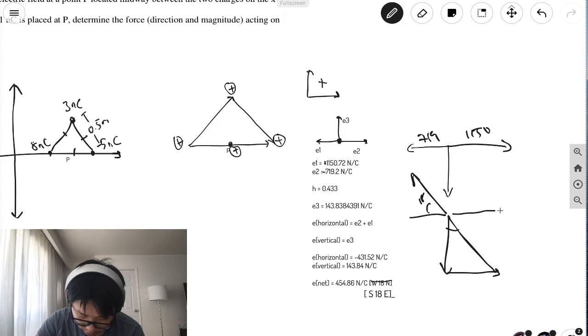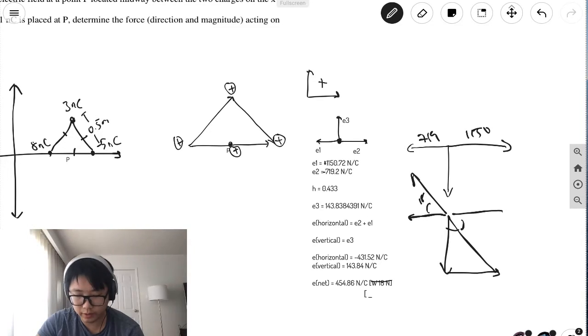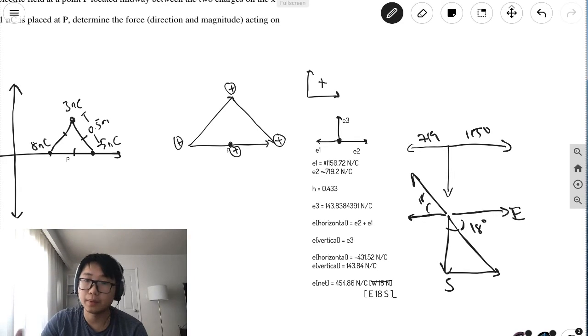I would actually argue it would be east 18 south. Your first answer was west 18 north, so it should just go in the exact opposite direction, since you mixed up left and right and up and down. In that case, it should be east 18 degrees towards the south. So that's your vector, and that number should be right.